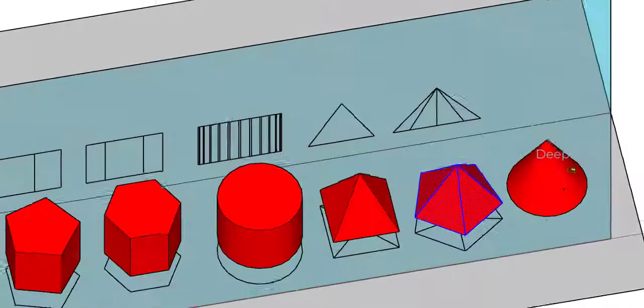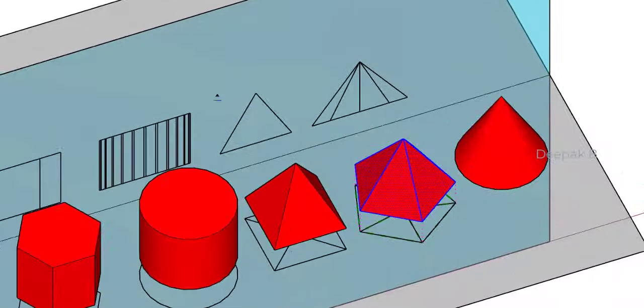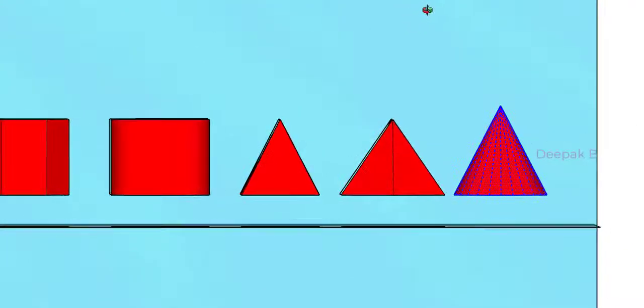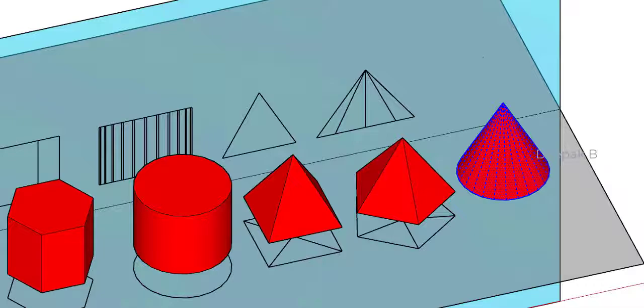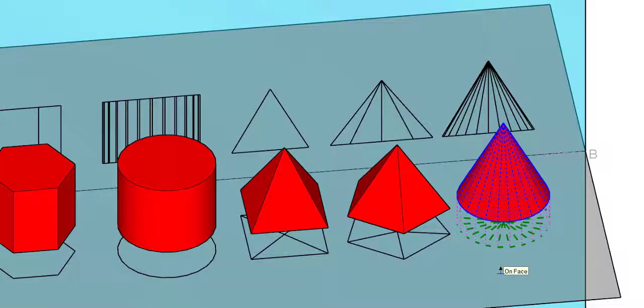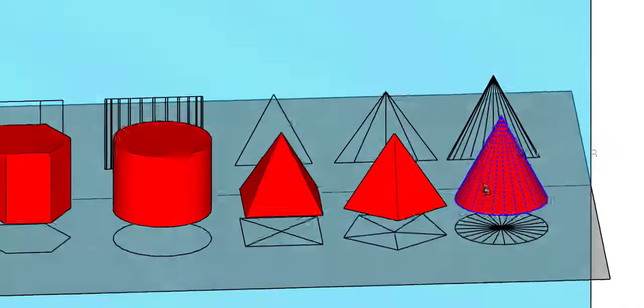And now finally the circular cone. I will again get a triangle. What you are seeing from the front view is actually a triangle. And there is no prize for guessing what you will get on the top view. Obviously it will be a circle.